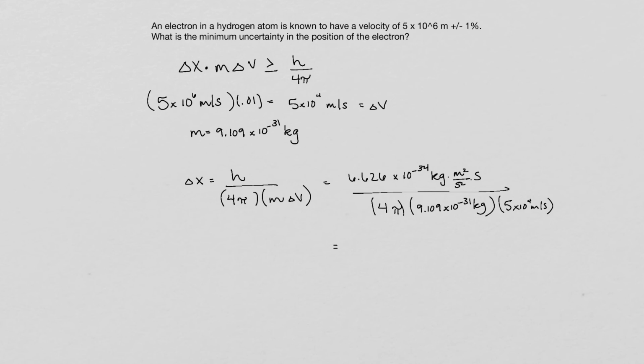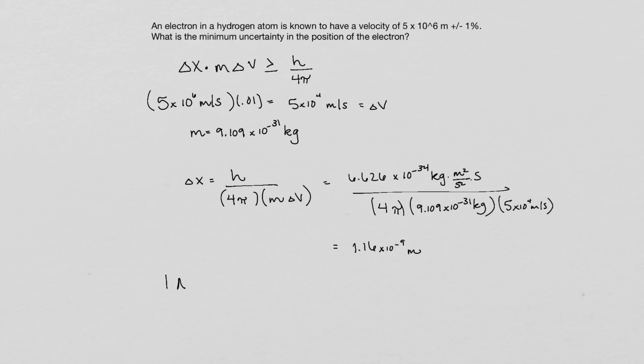And we'll see that our uncertainty is 1.16 times 10 to the minus 9th meters. So what does that really mean? Well, if we look at how big an atom is, roughly an angstrom.